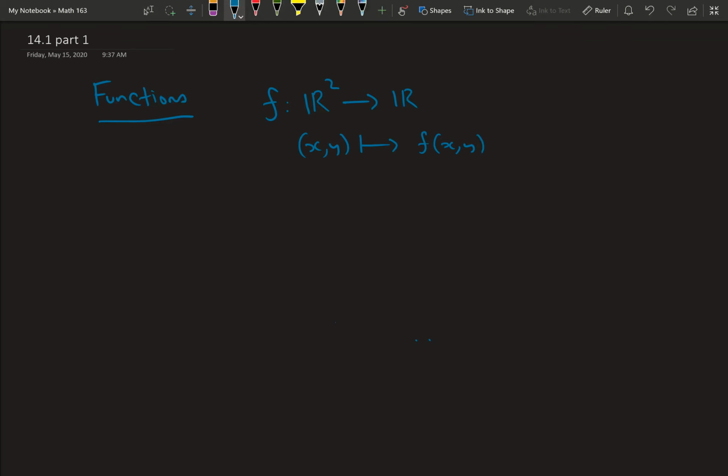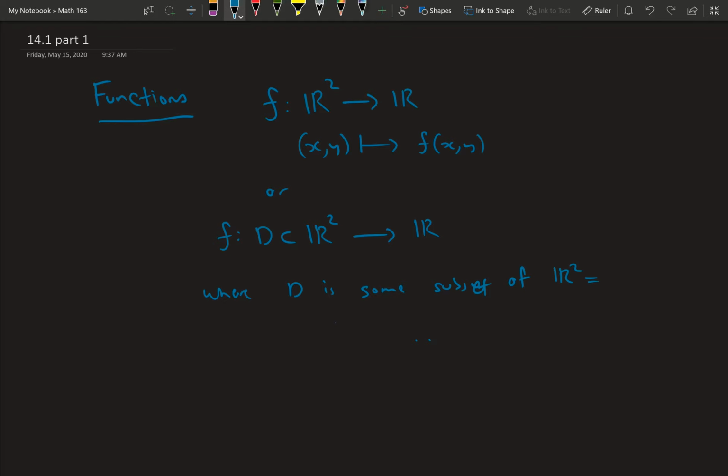Or, more generally, we could have a function that's going from some domain D, which is a subset of R2, and that goes to some subset of R, or maybe all of R, where D is some subset of R2.